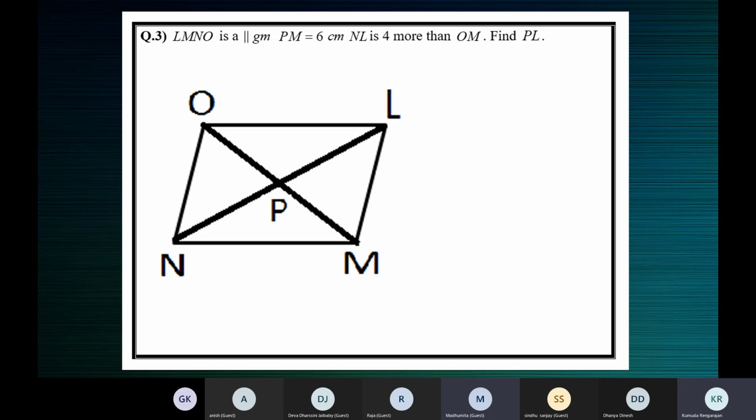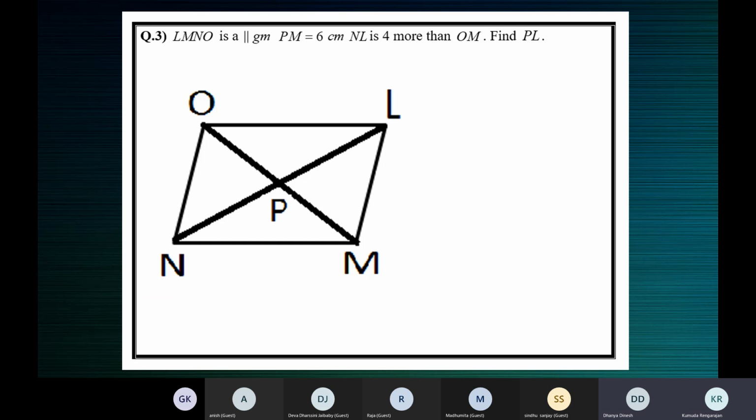No, opposite sides. PN and PM and no. Ma'am, opposite angles, ma'am.